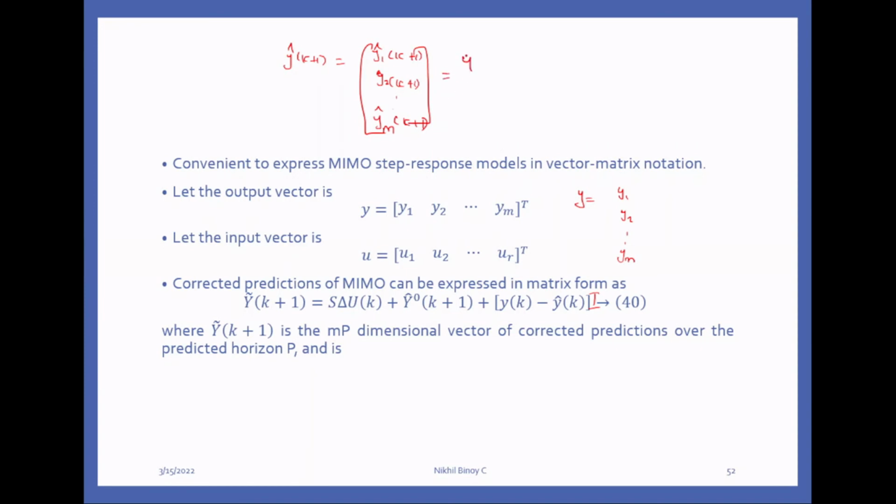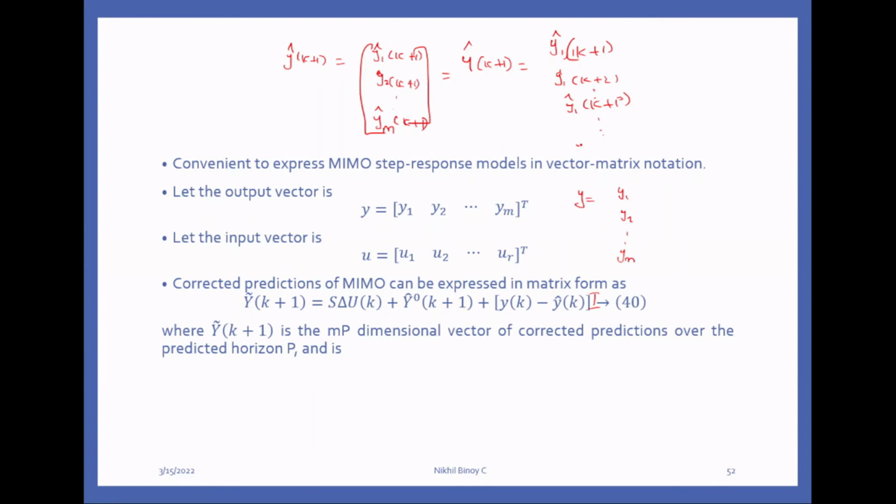We can write it as y cap of k plus 1. The interesting thing is it will become y1, that is the first output and its first prediction. So I can simply write y1 cap of k plus 1, y1 cap of k plus 2, etc., y1 cap of k plus p, that is P predictions of the first output.